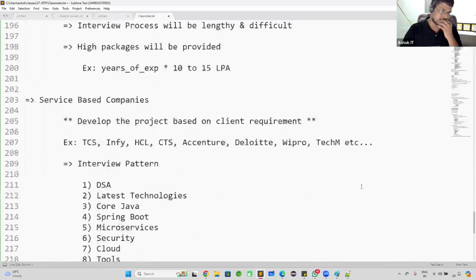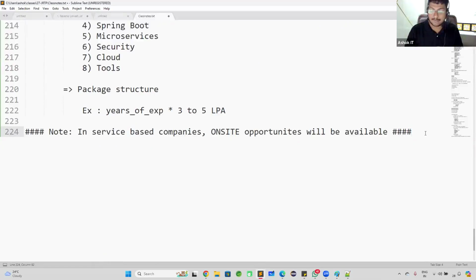Good. Next one. Outsourcing companies are available, guys. Nowadays a lot of business is happening with outsourcing companies. What is the meaning of outsourcing companies?